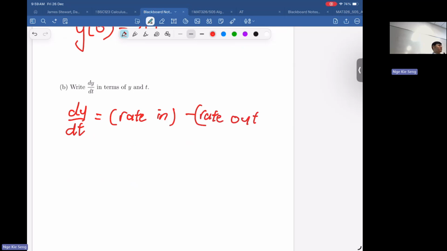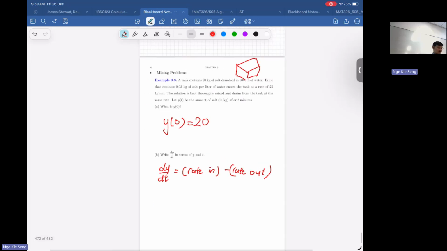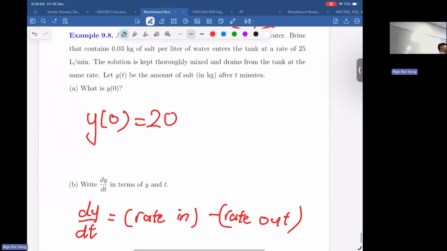dy/dt here should equal rate in minus rate out. But this question gave you the rate in terms of liters, and your amount is in kg. Can you convert liters to kg? Based on the volume you have, do you know the amount of salt? Is there any relation between kg and liter?